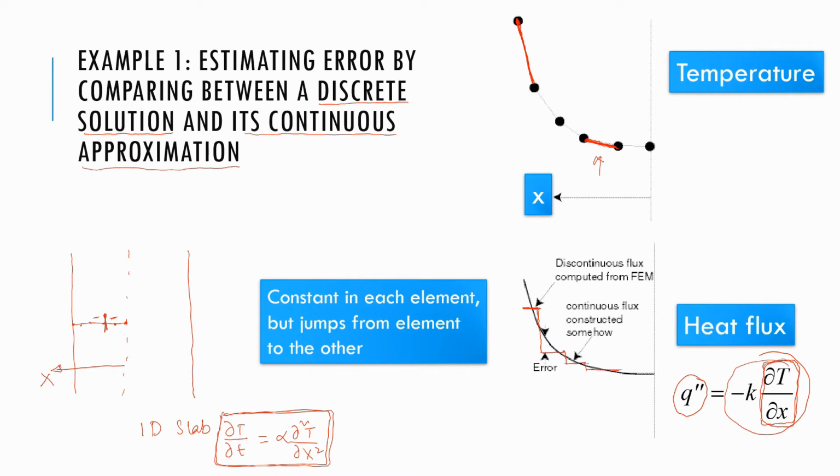There is no physical reason and there's no mathematical reason for this kind of discontinuity. So then, because this is physically impossible, the flux should really be varying continuously. And so what we can do is get some sort of a continuous approximation.